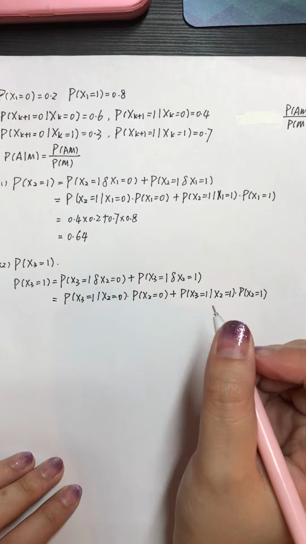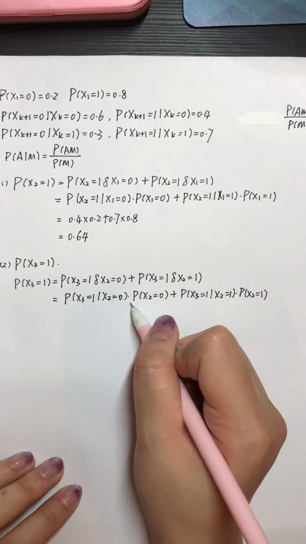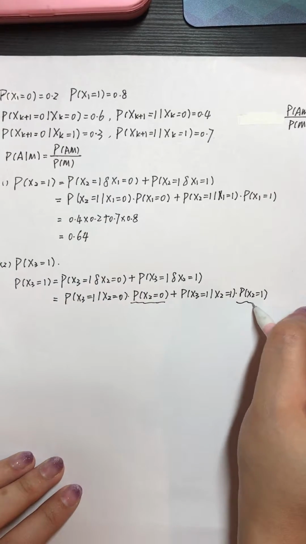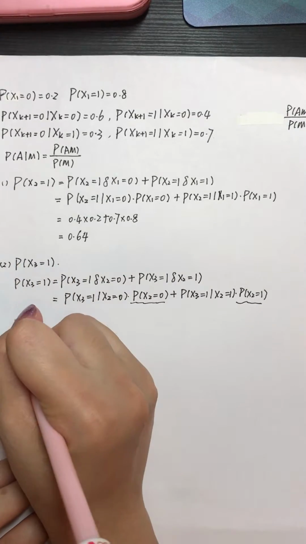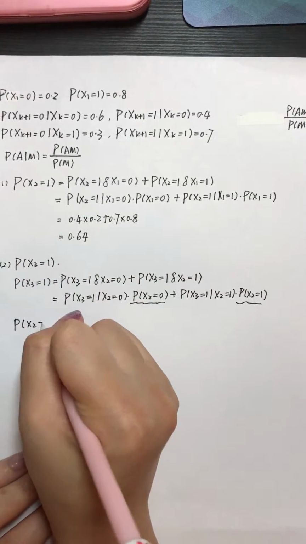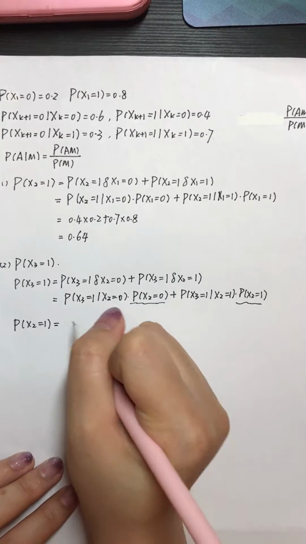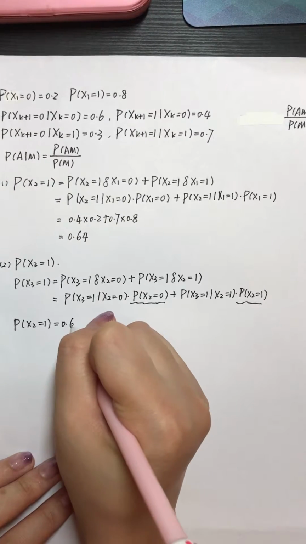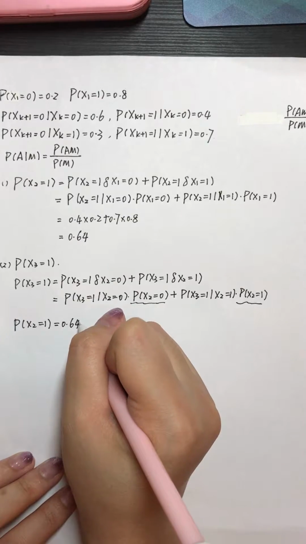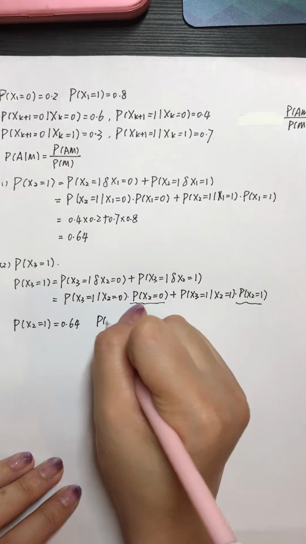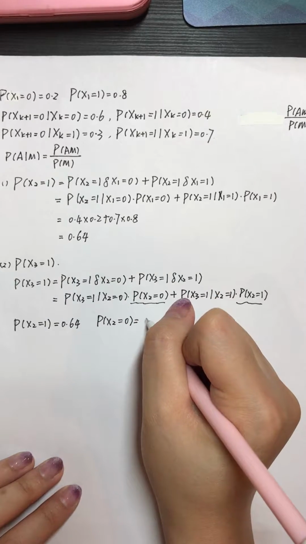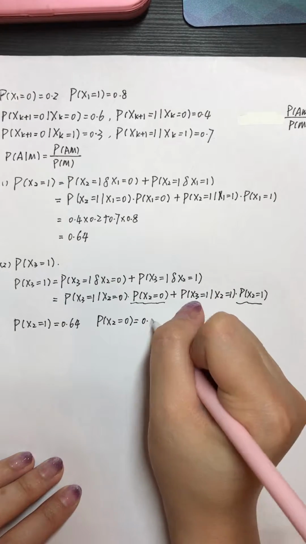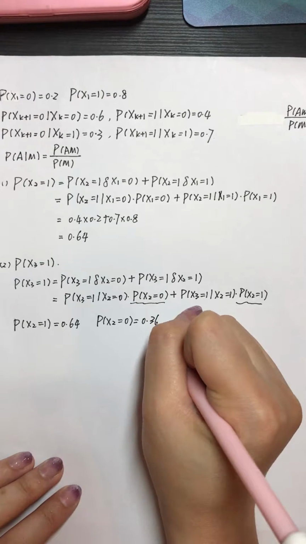And we can calculate this one and this one. Using the first problem, we know that the probability that x2 equals 1 equals 0.64. So the probability that x2 equals 0 equals 0.36.